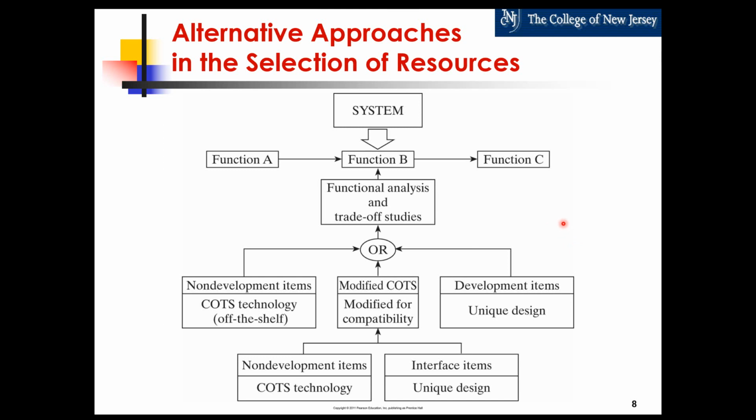And in the spirit of using diagrams to say things, we basically have a diagram of everything that I've said, where you have a system with some functions, and you can do a functional analysis and trade-off studies of the make versus buy decision, where you buy something off the shelf, modify something, or you do a unique design from scratch.